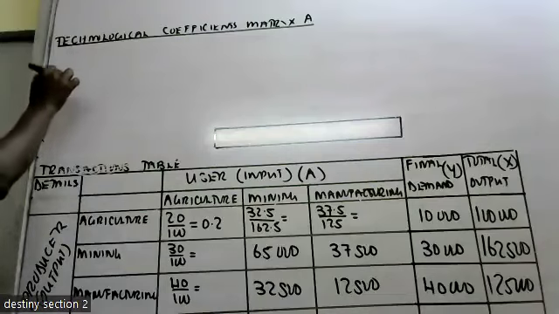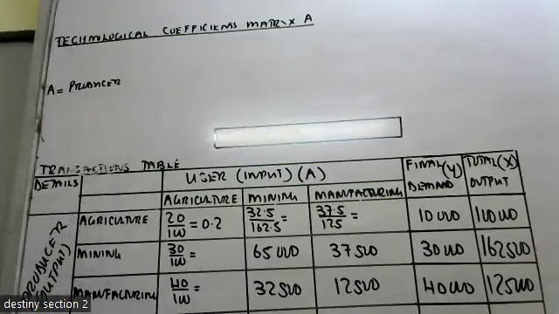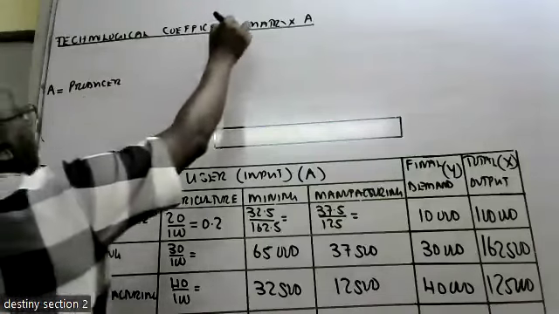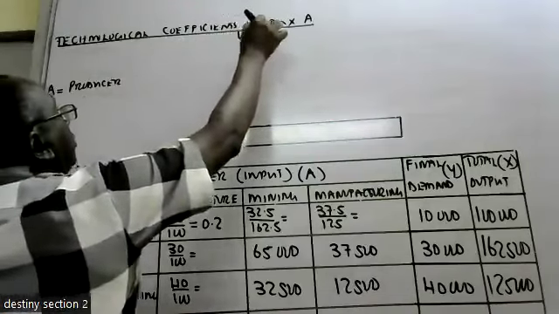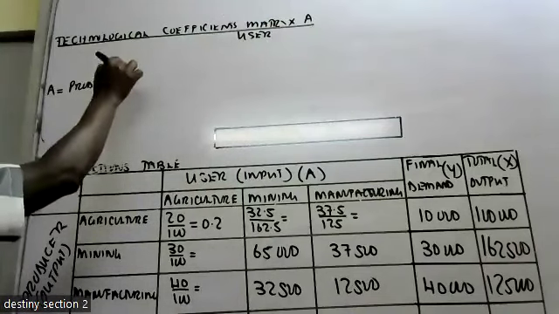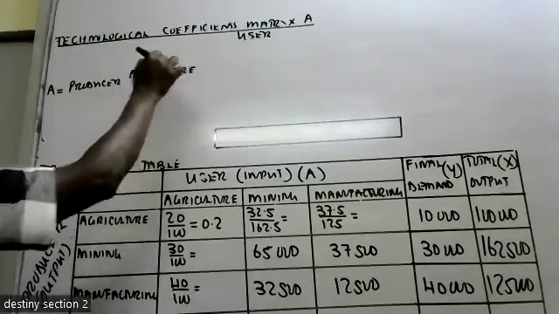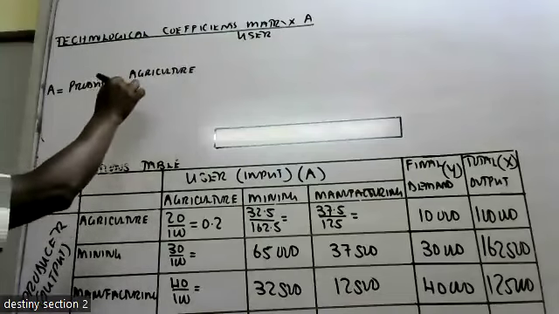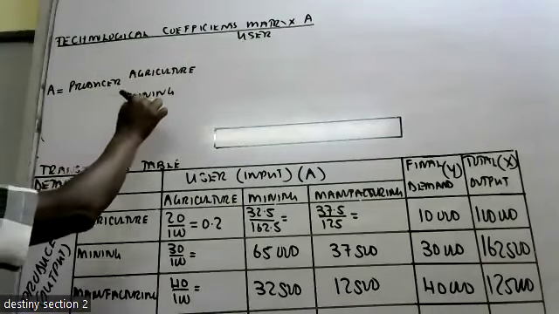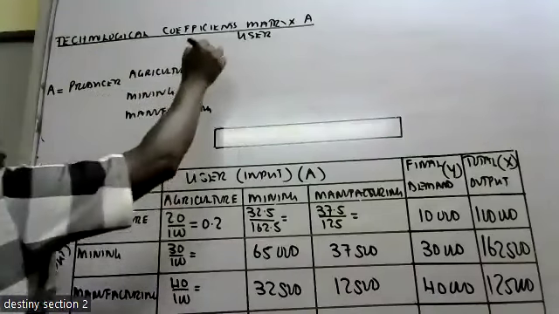So here we have the producer. I don't know whether my space will be enough. And here I have the user. So if I start with agriculture, it is exactly this one that we are copying.